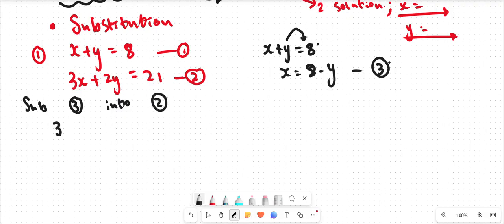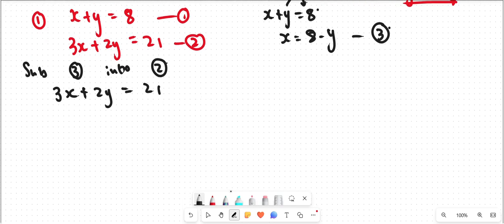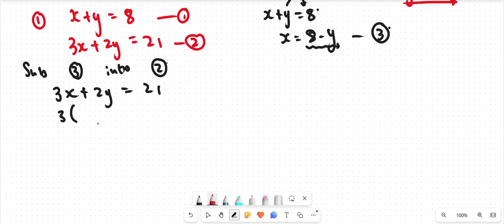I'm going to first write down what equation 2 looks like. And wherever I'm substituting, I'm going to show that in red. So in place of x, wherever I see x, I'm going to replace it with this expression of what x is equal to.